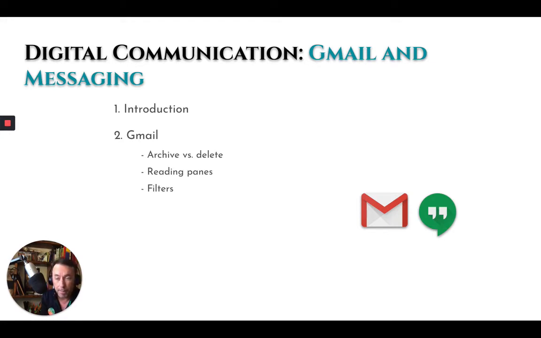And then finally, a big one here is filters. I'll show you how you can set up filters in Gmail. And what that means is when an email comes to you, we normally think it just goes right into our mailbox. But you can associate many different tags or filters to that message, and you don't even have to see some of them if you don't want.